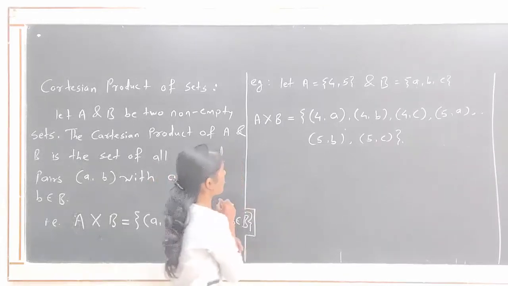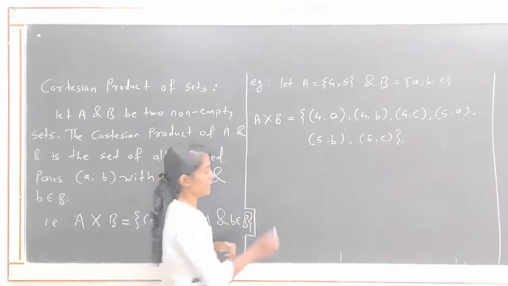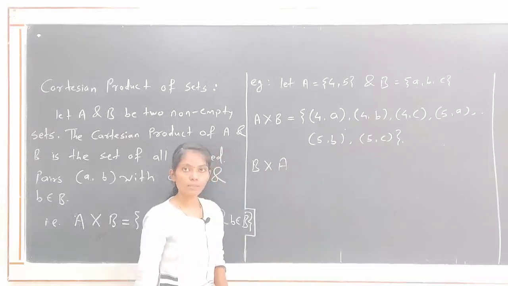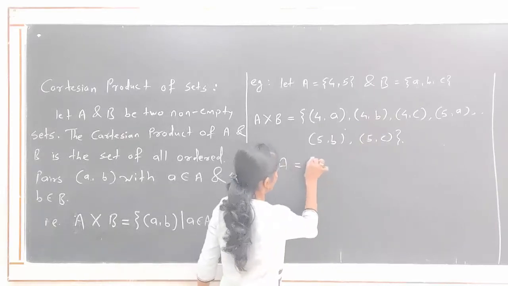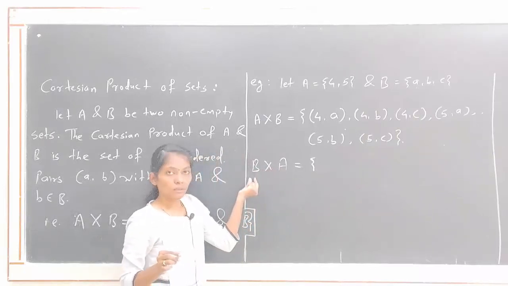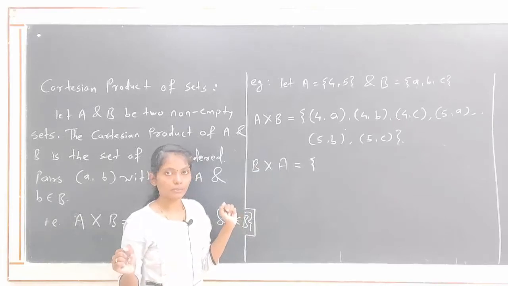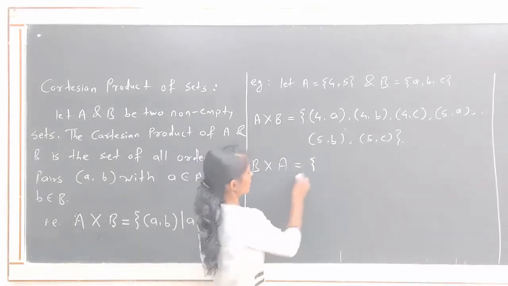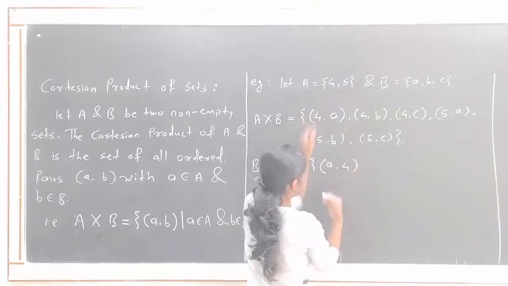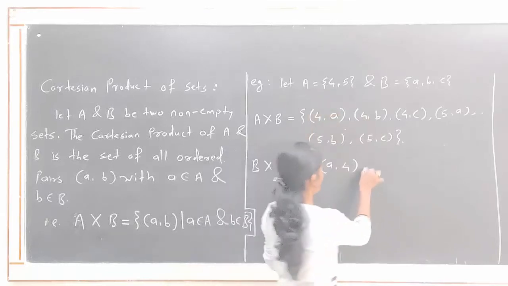Now we find the Cartesian product of B and A. That means we want to find B cross A. For B cross A, we take first set B and then set A, right? So here (a, 4), a belongs to B, 4 belongs to A, right?